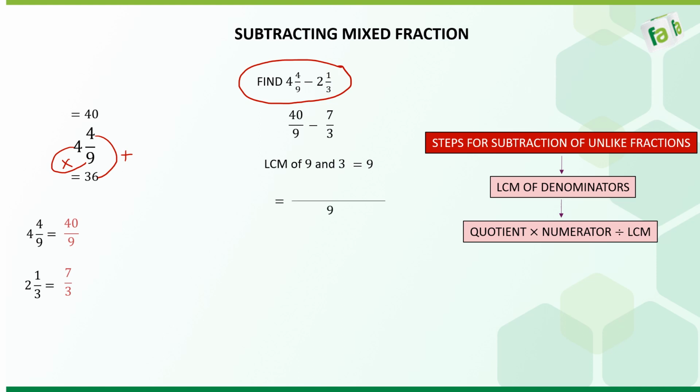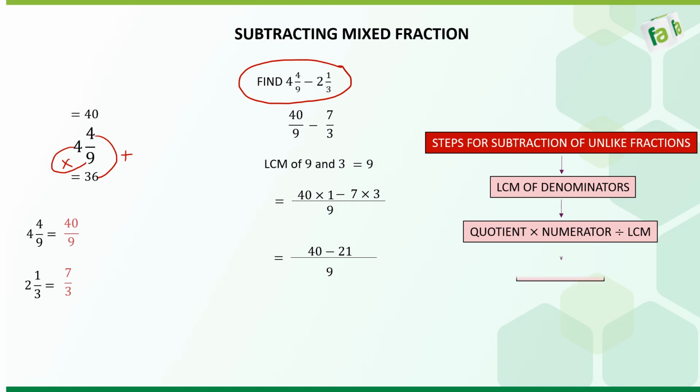So, we can write the LCM 9 like this. Now, we will divide 9 by 9 to get 1. Here we will write 40 multiplied by 1. The minus sign will remain like this and then we will get 7 multiplied by 3. Now, by further solving it, we will get 40 minus 21 by 9.